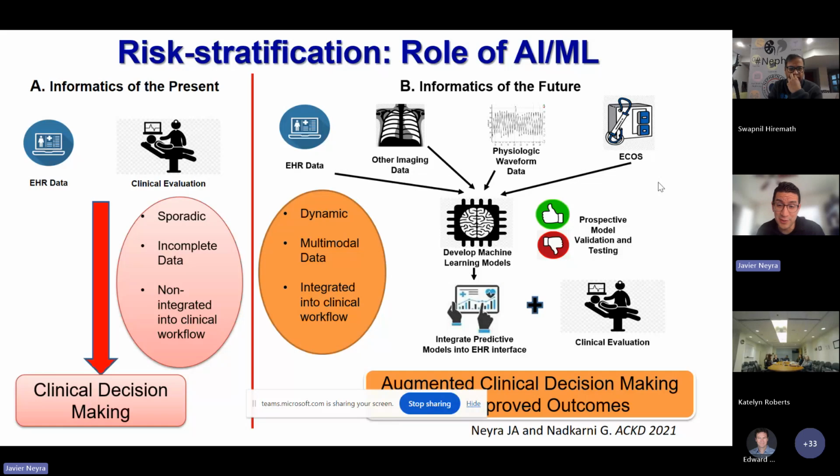The devices we use in the ICU, particularly the ventilator, the dialysis device, and other extracorporeal organ support devices, collect a lot of data that we can integrate and use in risk classification to augment our ability to make decisions in a dynamic way, using multimodal sources of data and more integrated into our clinical workflow with the use of clinical decision support tools.